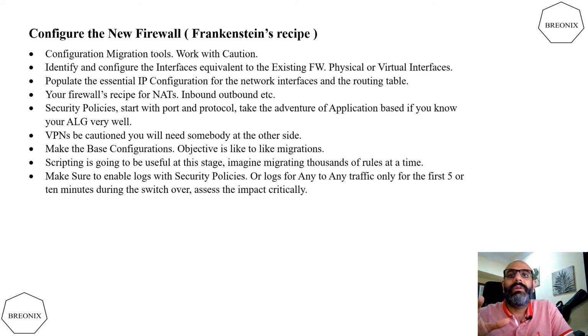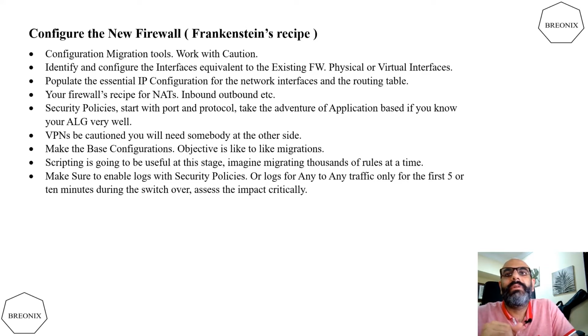So make sure you understand the vendor's best recipe for doing NAT on his firewall. Just to rephrase, make sure you understand how your new firewall does NATing, source NAT or DNAT. So this is vital. Security policies: in most of my migrations, it's port and protocol.